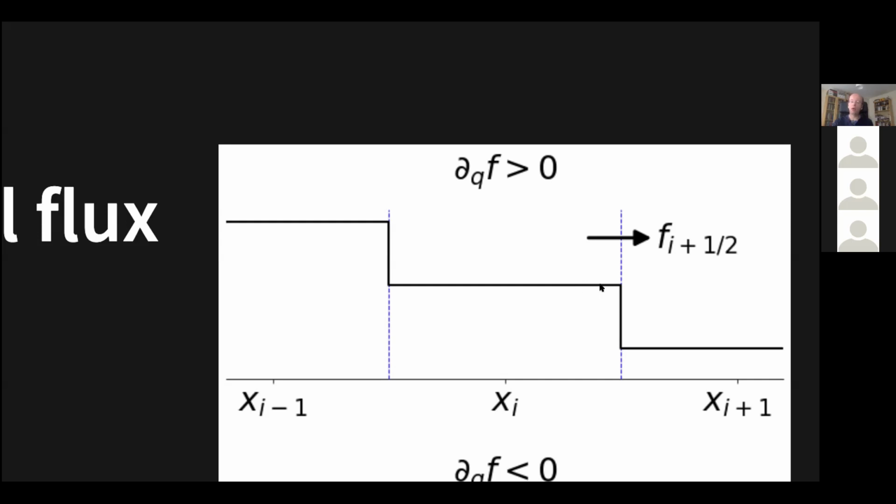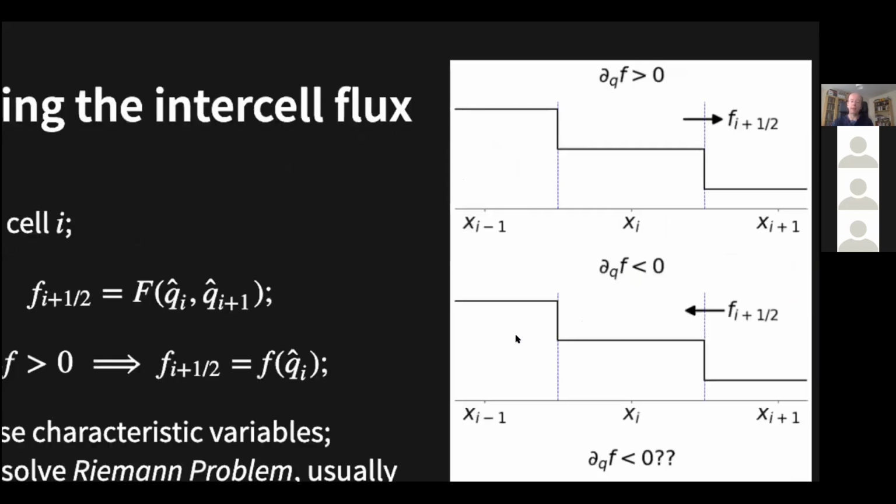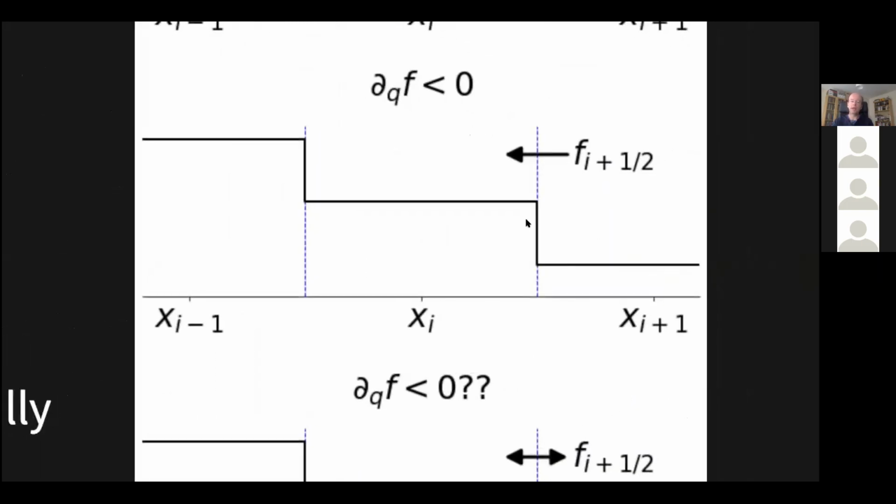Therefore, we know that Q at the cell interface is going to be equivalent to whatever the value of the solution was to the left of the interface, which by our assumption that the solution is piecewise constant is given by the cell integral average for cell I. If the characteristic speed is negative at the cell interface, then the information is propagating to the left, and so the solution we want to take is from the right of the interface. So we're going to use Q hat I plus 1.